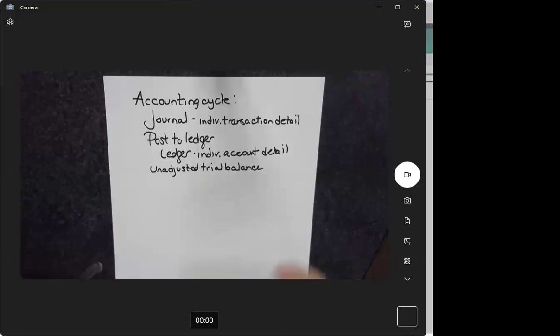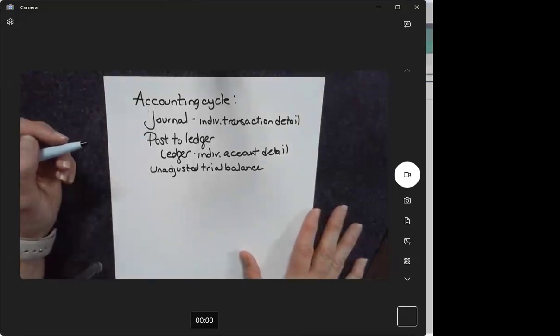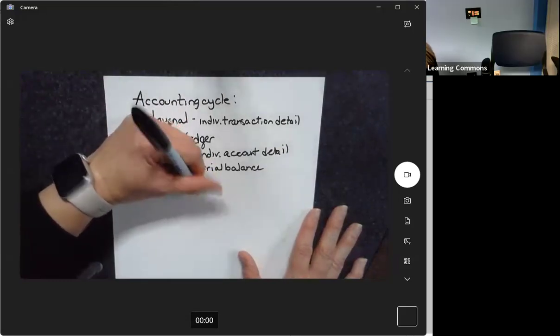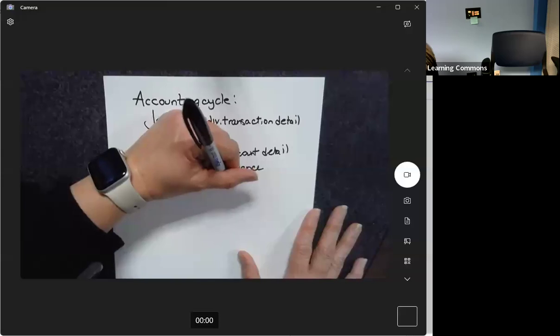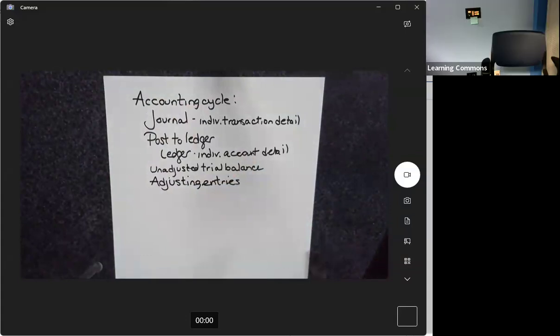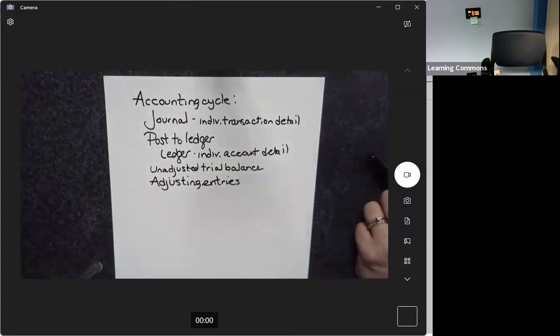But again, thinking about that accounting cycle, we did the journal, we posted to the ledger, we prepared an unadjusted trial balance. Remember, after that, that's when we did adjusting entries. I mentioned earlier today, adjusting entries are necessary whenever we have revenues or expenses that cover multiple accounting periods.